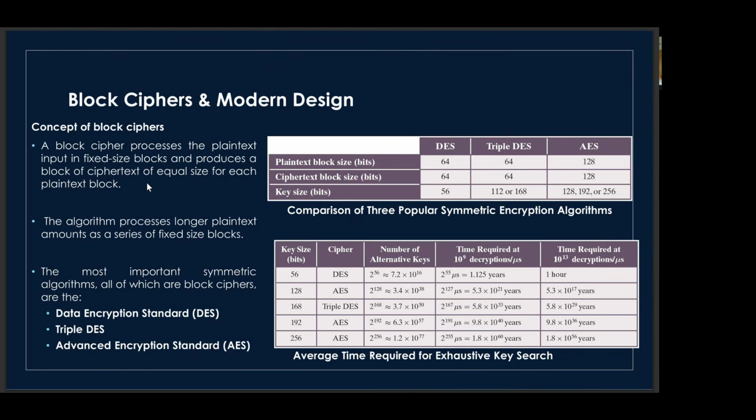This average time equals exhaustive key search, meaning if you want to brute force, here you can find how many years it takes for AES and triple DES. If you use the AES 128-bit key, it requires about 5.3 times 10 to the power of 70 years. You can calculate, 10 to the power of 70 years.